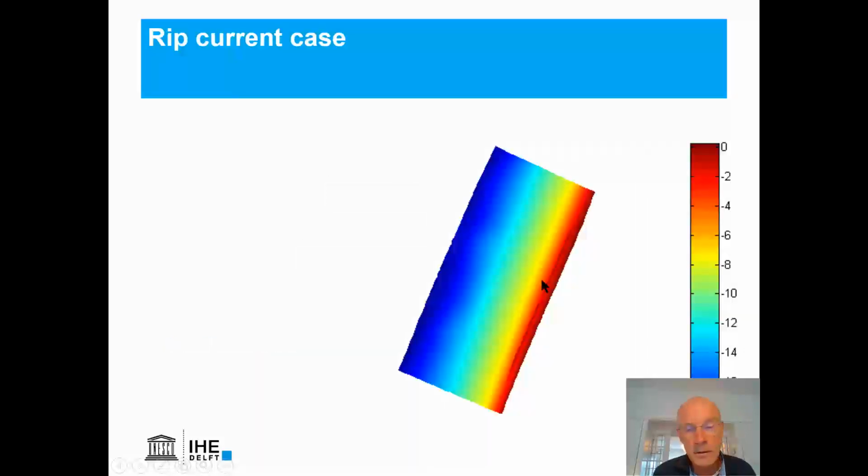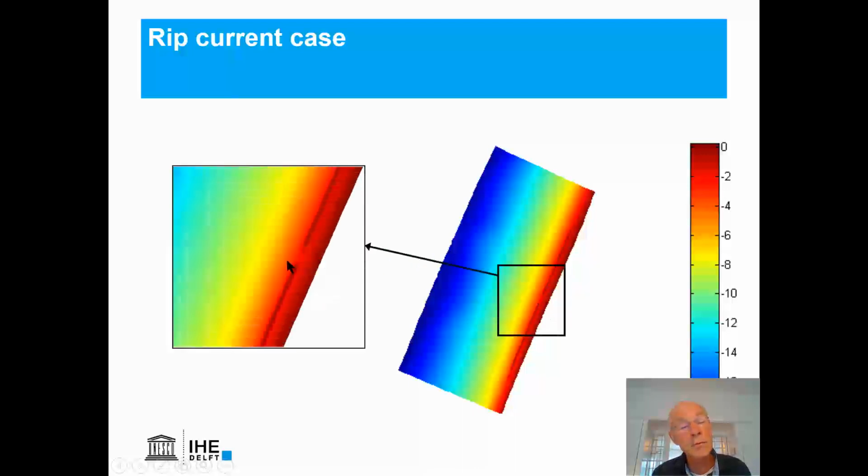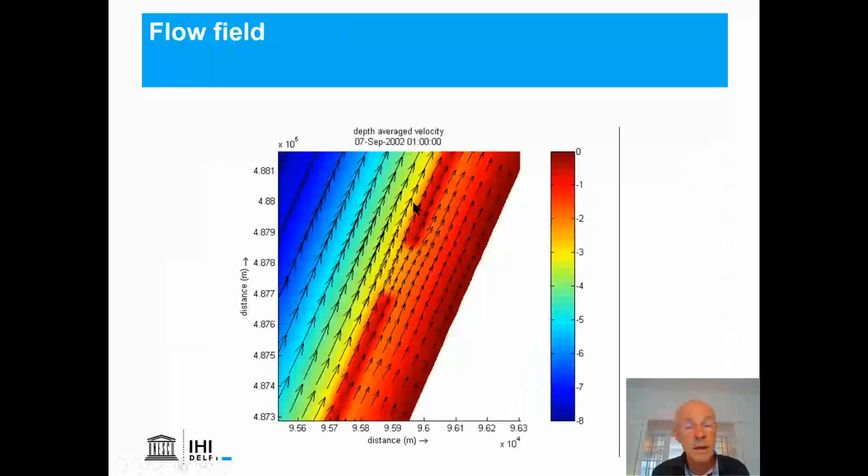Here's a case for a rip current where you have a bar but a gap in the bar. And if you zoom in, you see here, so waves are breaking here and the flow can escape through this gap. What does it look like?